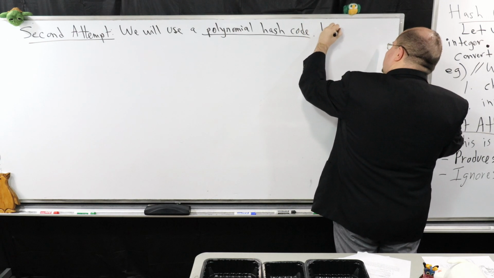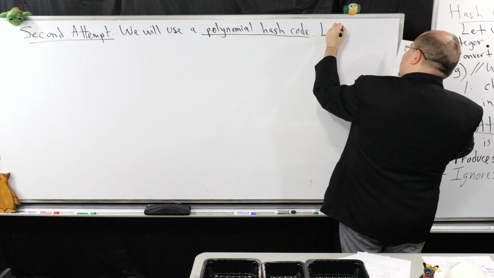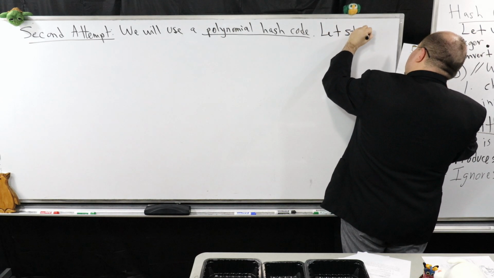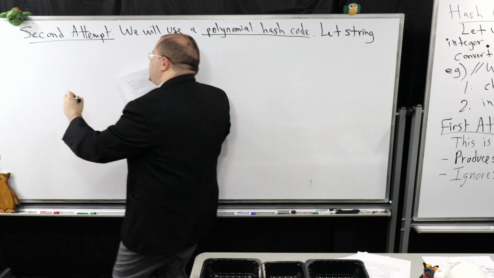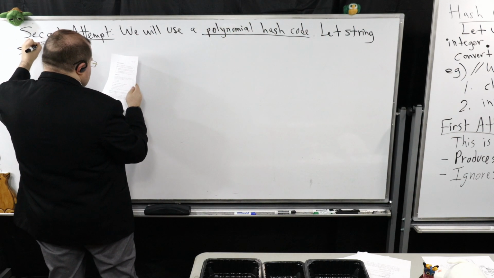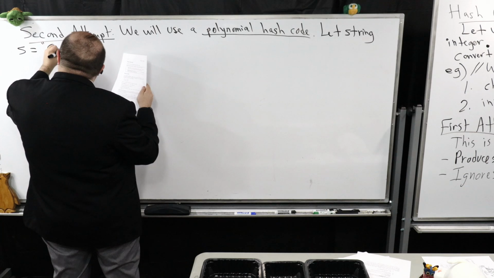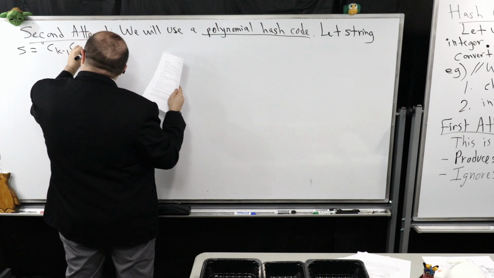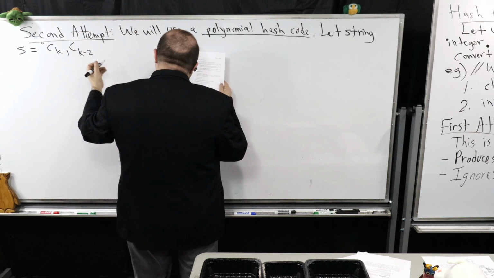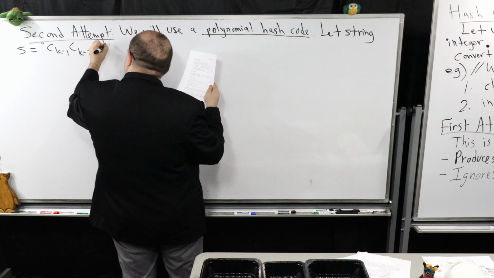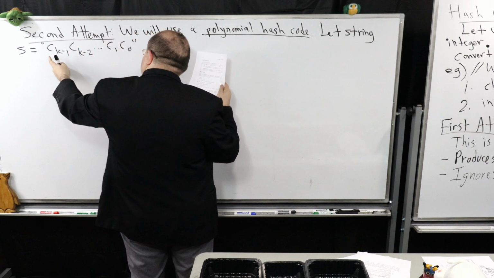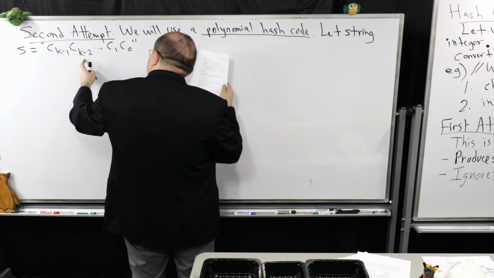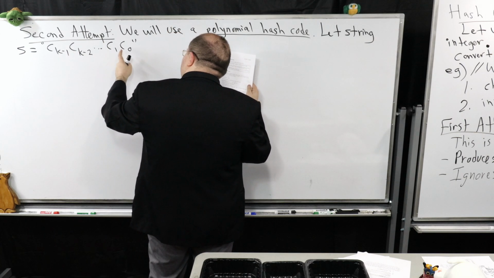Just to make this easier for us, I'm going to define the string S just like I had over there. I'm going to index backwards through the string, where I have C sub k minus 1, C k minus 2, all the way down to C1, C0.